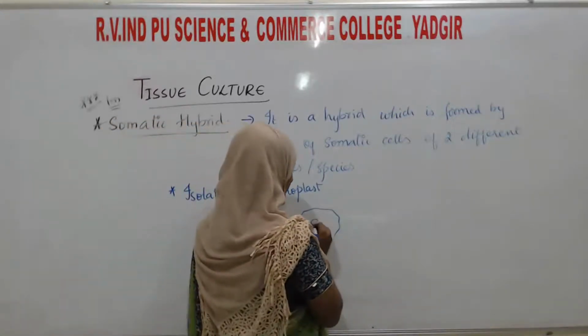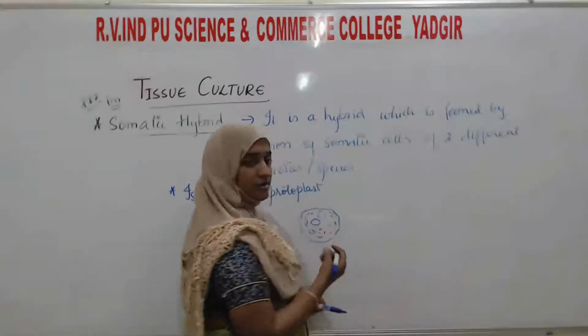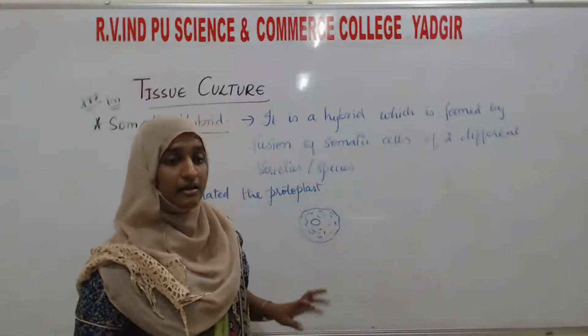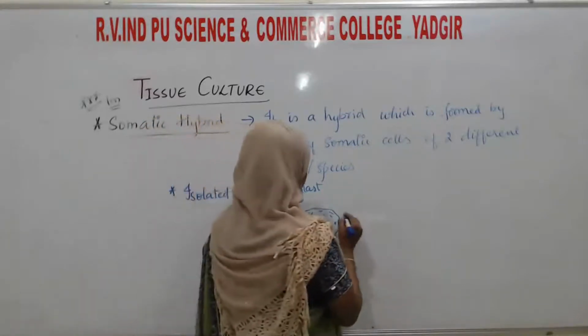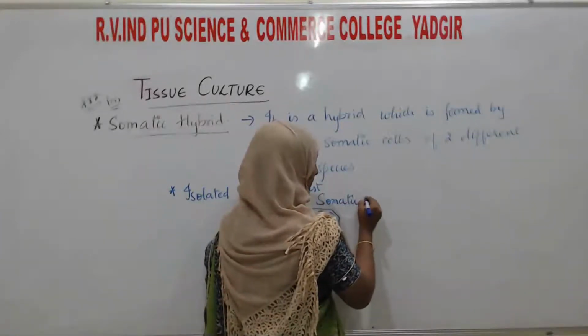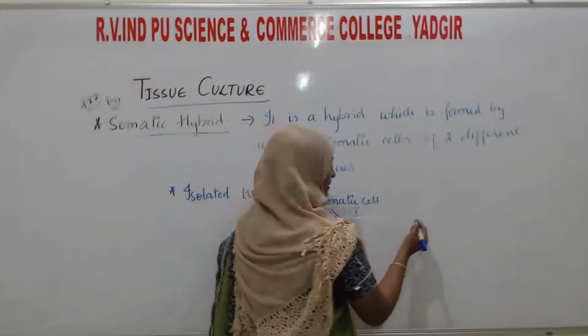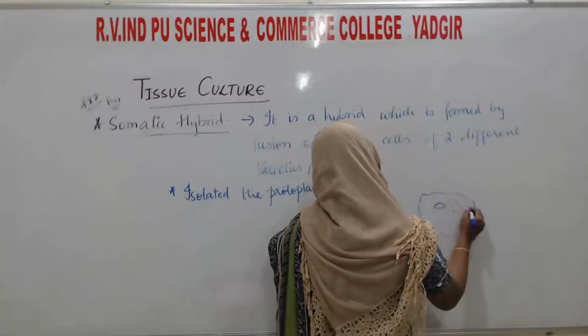There will be a nucleus and other cell organelles with the cell membrane or cell wall, as well as cytoplasm. This is one somatic cell, somatic cell 1, and here is another somatic cell.